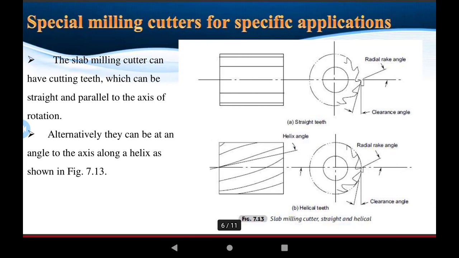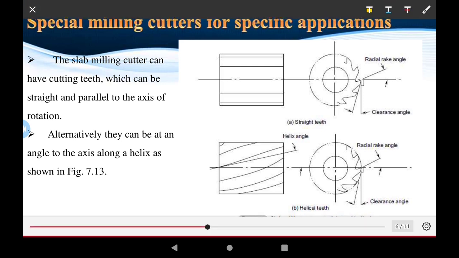And some of the other tools used are the special milling cutters for specific applications. The slab milling cutters can have cutting teeth which can be straight and parallel to the axis of rotation. Okay, suppose that we consider this is the face of the milling cutter.